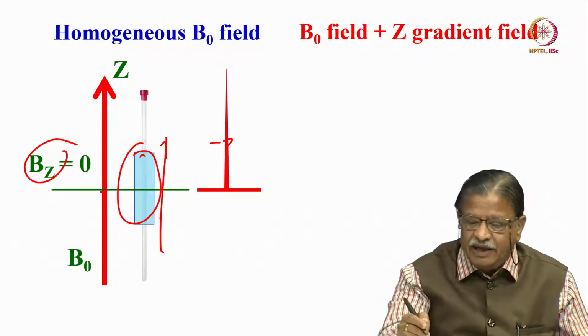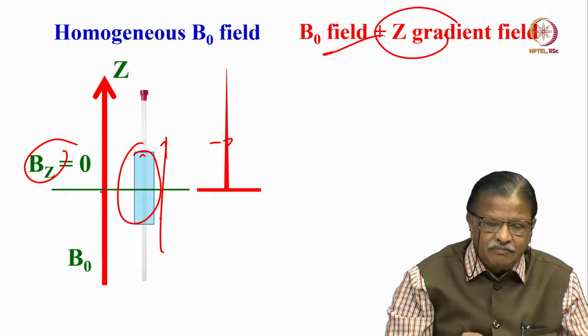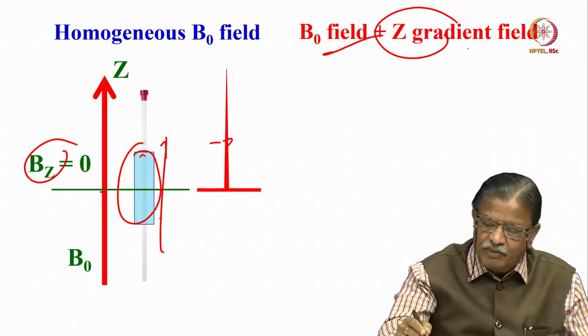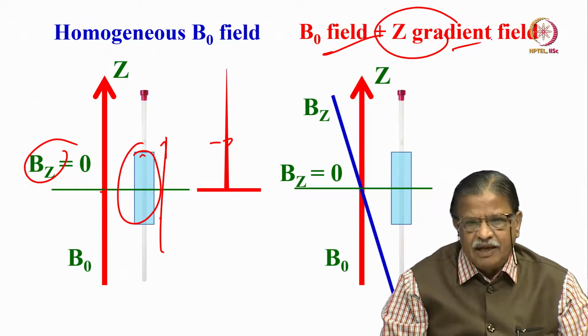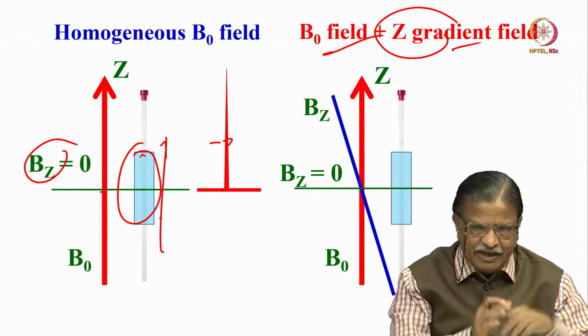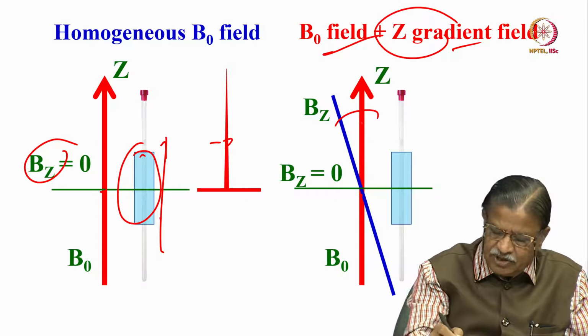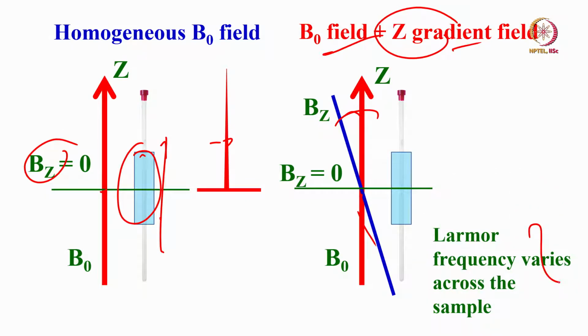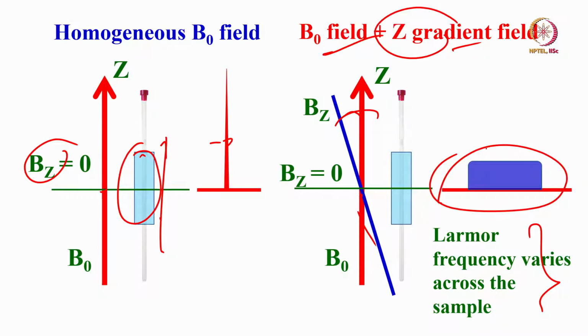Now I am applying a gradient field along with the B naught field. Of course, the B naught field is still homogeneous, but we are making it inhomogeneous by applying a gradient coil like this. Now what is going to happen if I apply the gradient? We discussed what happened to the spins above 0 and below 0. Now the Larmor frequency keeps on varying across the entire sample. As a consequence, you are going to get a broad signal.